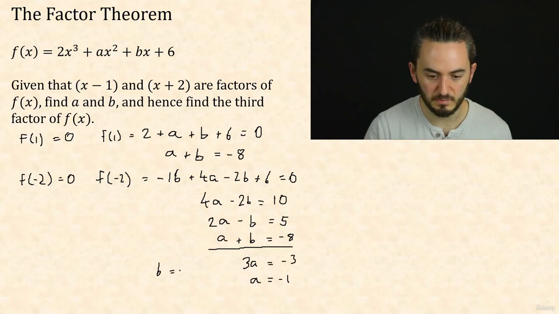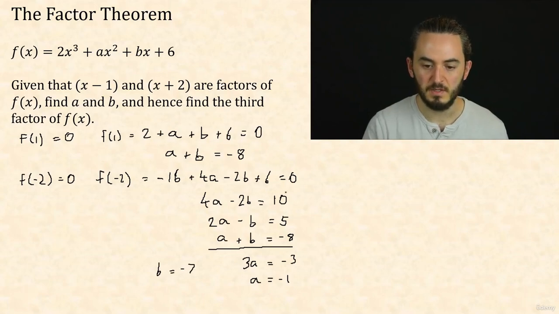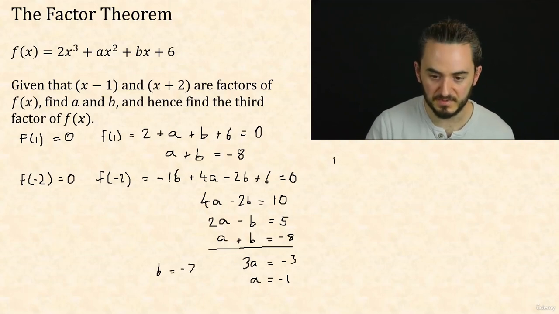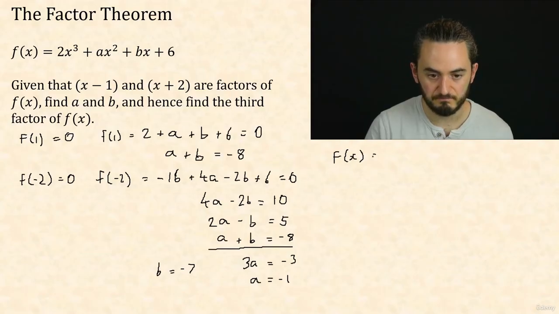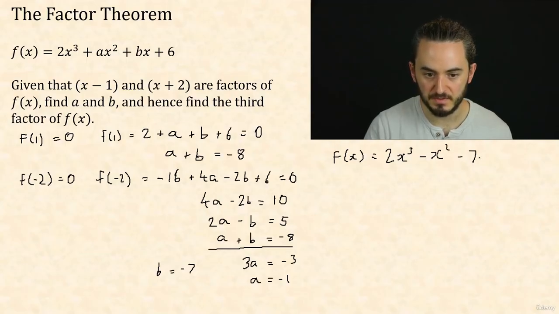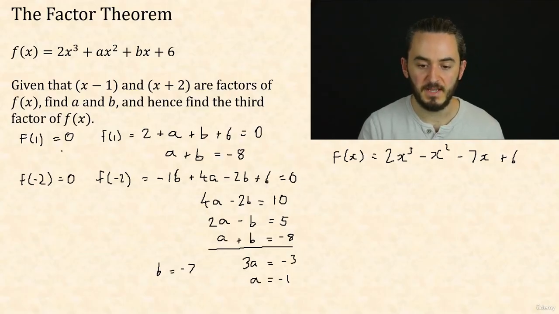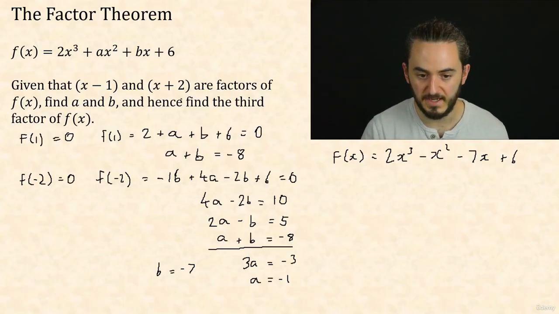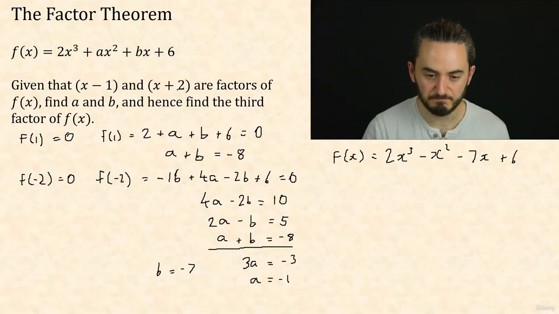So b equals negative 7. So there we go. I now know that f of x is 2x cubed minus x squared minus 7x plus 6. And I also know that x minus 1 and x plus 2 are factors.